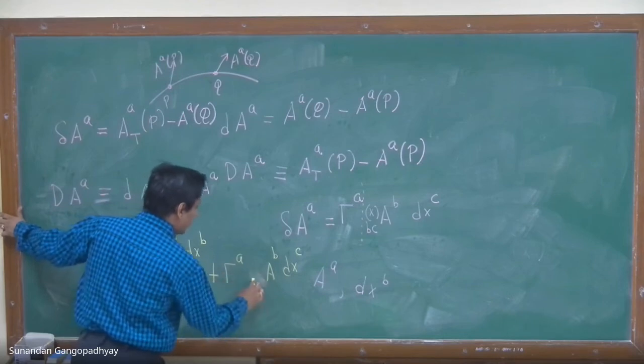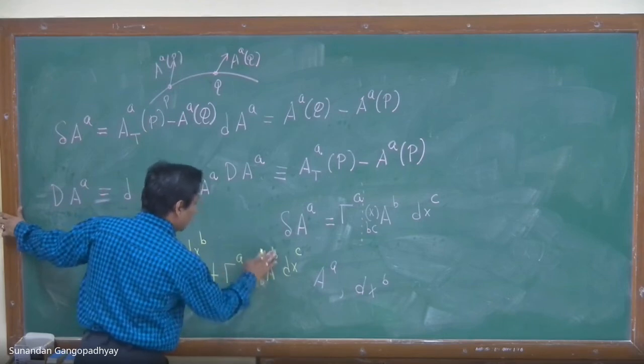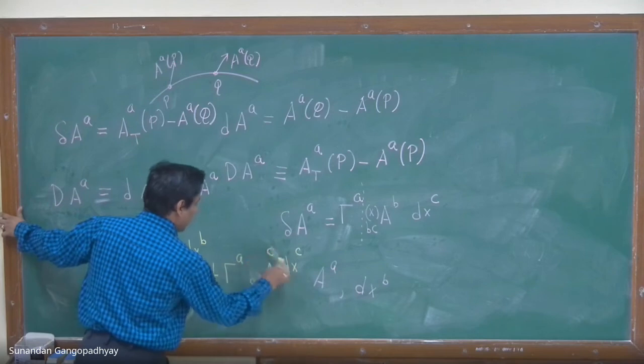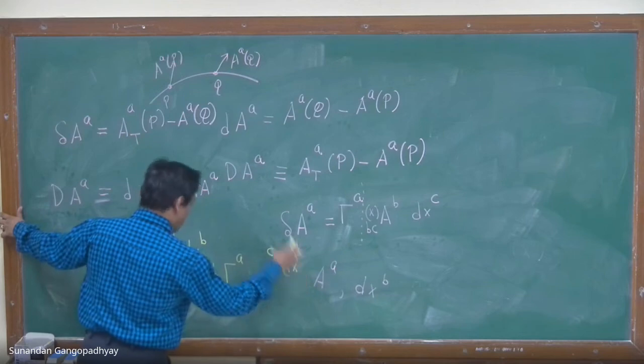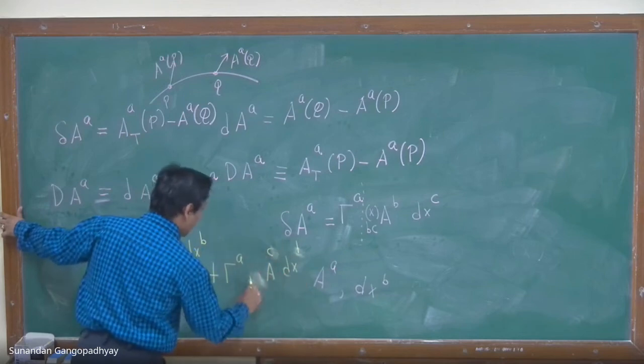And you can say that this is C and this is B. Or you could have done it in this way.